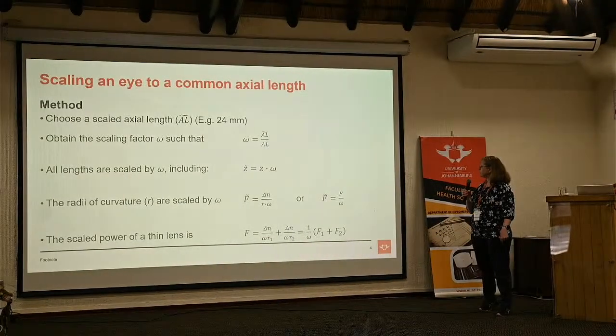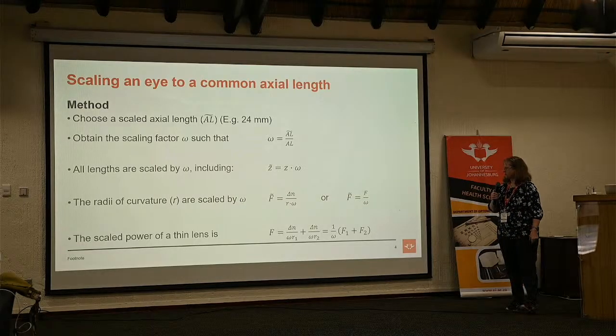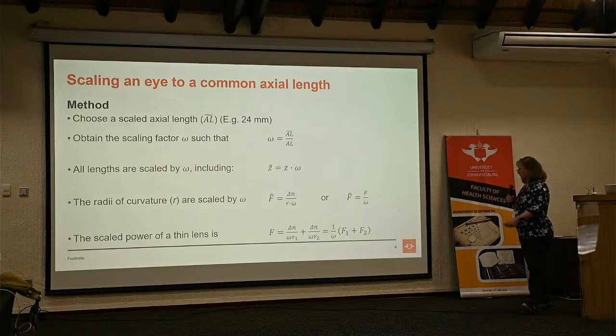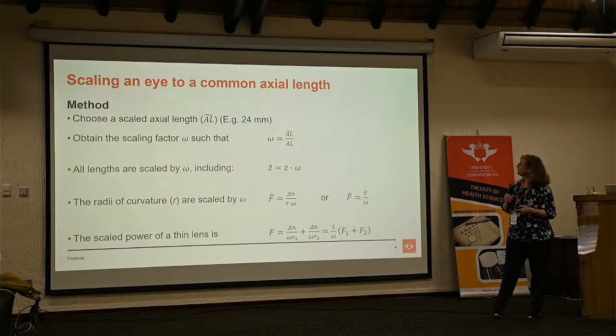Radii of curvature are scaled by the same scale factor, but when you convert to power, it becomes 1 over the scaling factor. And so, for example, the scaled power of a thin lens simplifies to 1 over omega times the power of the thin lens. So it all fits very nicely.